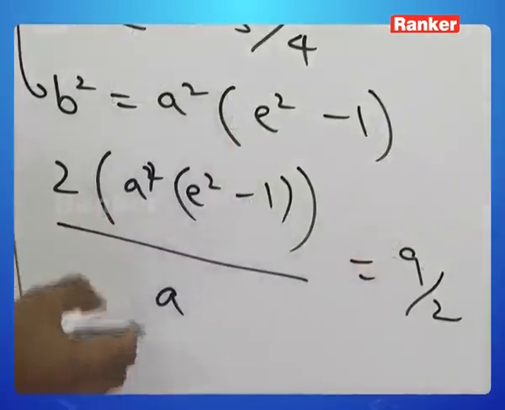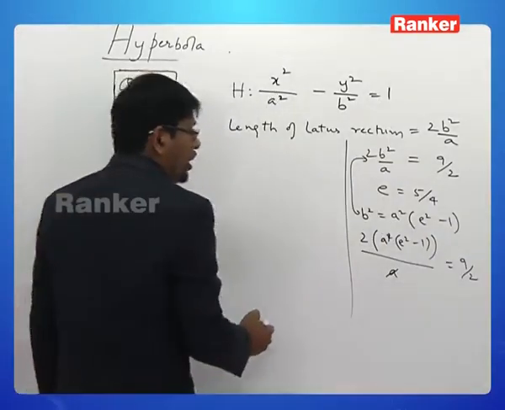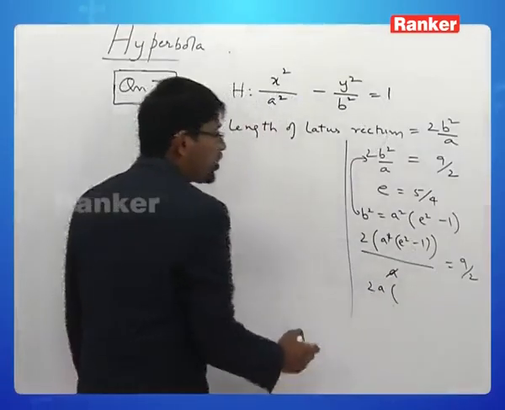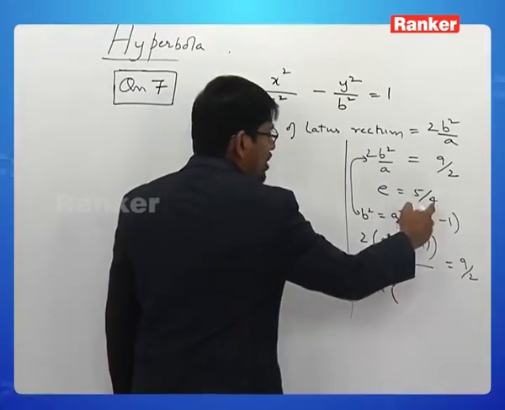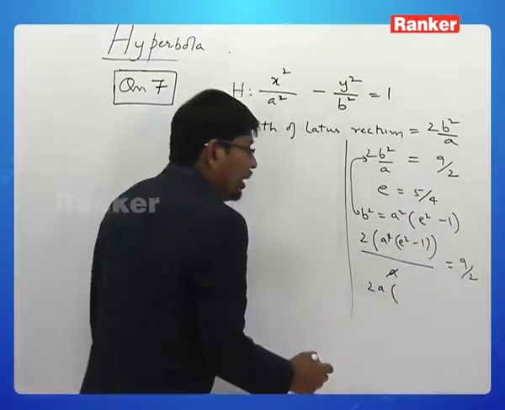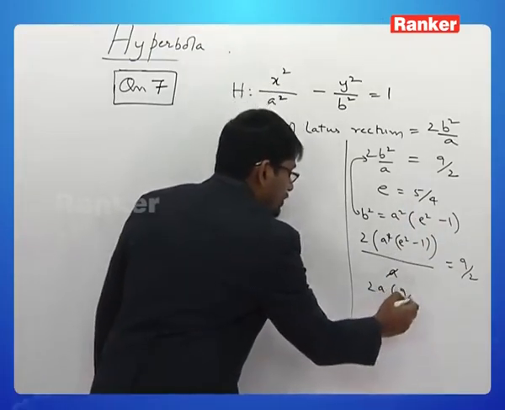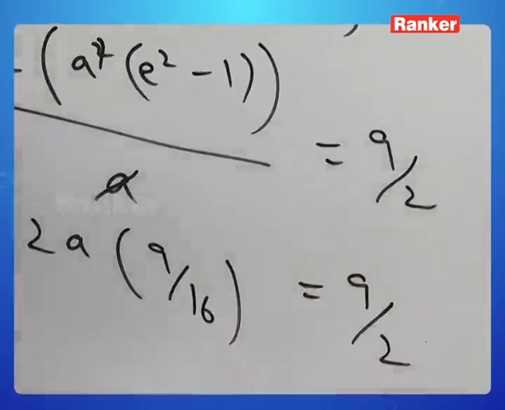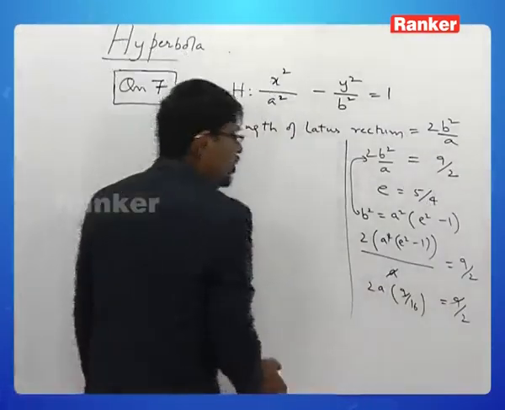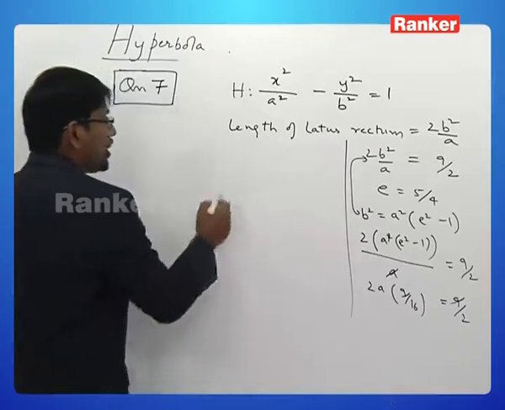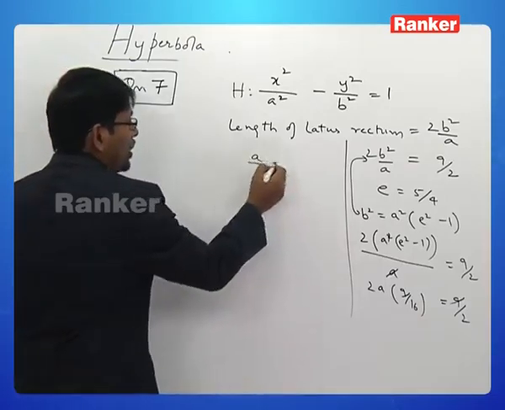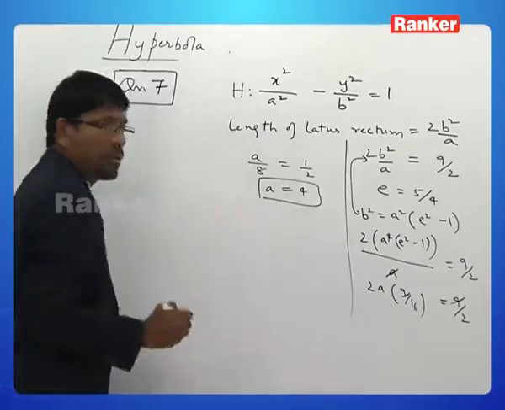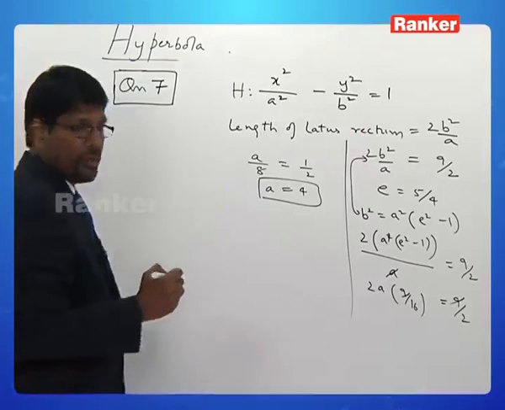Now one a cancels and we have 2a into e square minus 1. What is e square minus 1? 25 by 16 minus 1, that makes it 9 by 16. That is equal to 9 by 2. The 9 and 9 cancel and we have 2a by 16, that is a by 8, is equal to 1 by 2, so a is equal to 4. Clearly a is 4.